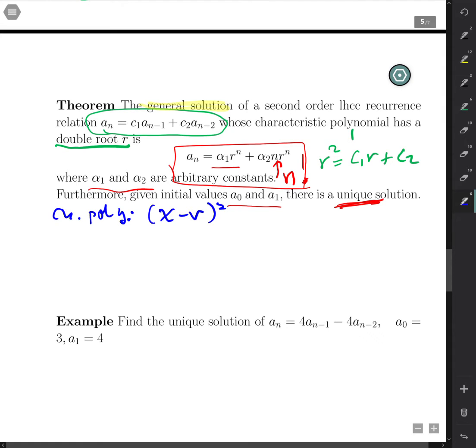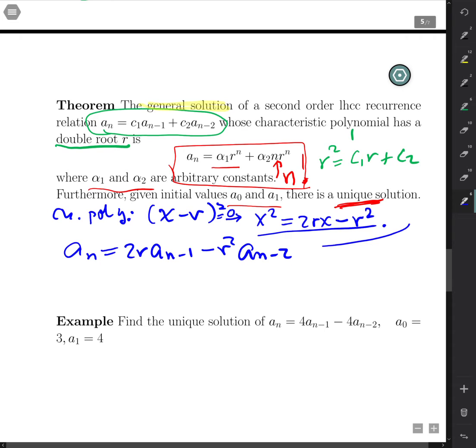So this equal to 0 is the same as x squared equals 2rx minus r squared. And that's what corresponds to the recurrence relation. It would be a_n equals 2r a_(n-1) minus r squared a_(n-2). That would give us this characteristic polynomial.